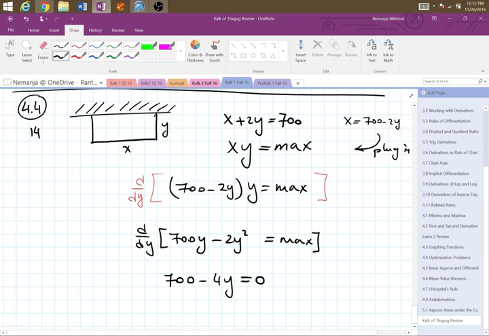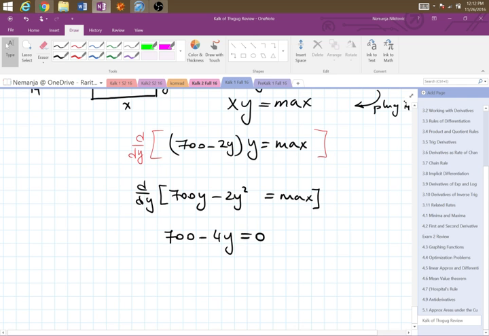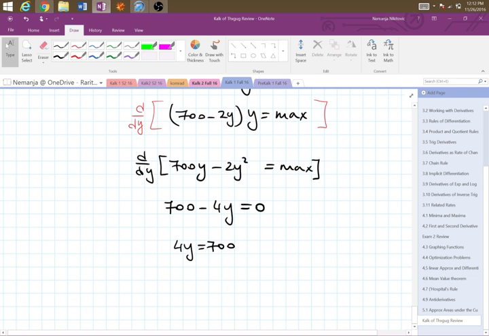I don't know what number, but whatever number it is, the derivative of it is 0. 4y equals 700. y equals how much? Half of 700 is 350. Half of 350 is, very good, 175 meters. So we have that y is equal to 175 meters.